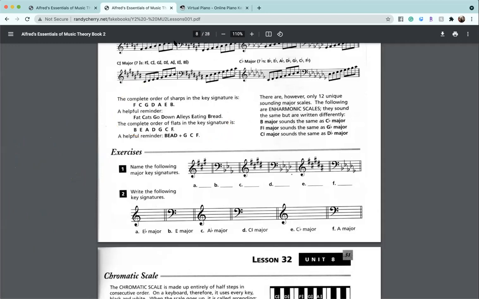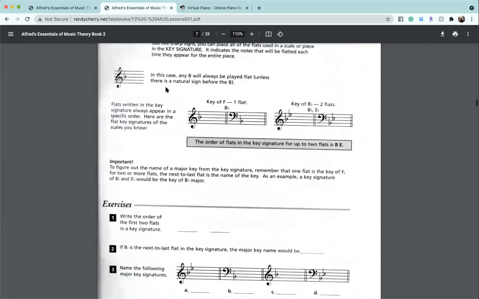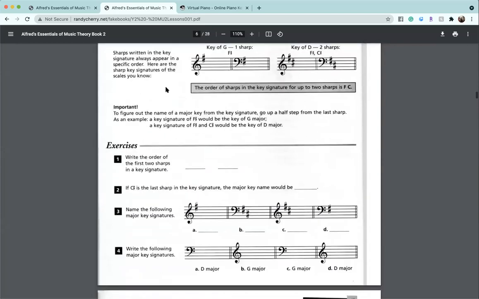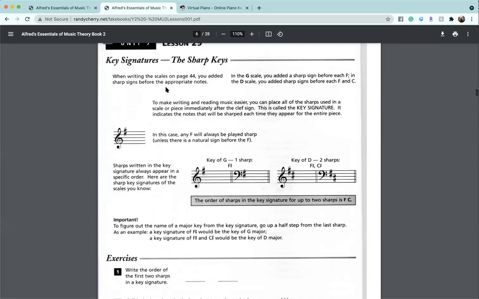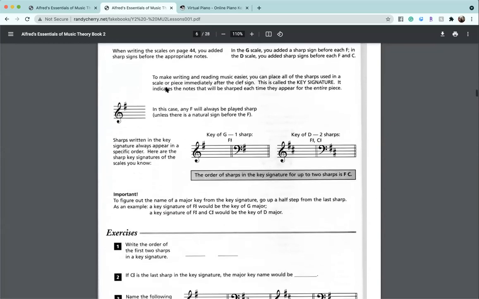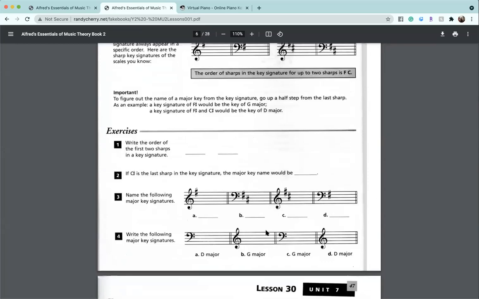And let's go back up to page 46 if my computer will function well. There we go. So back to page 46. Now we are discussing how important it is to memorize that. It's asking you to name the following major key signatures.